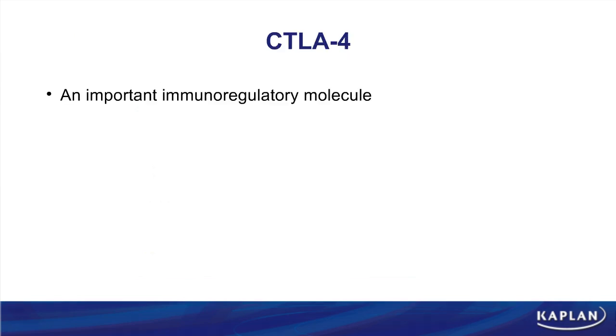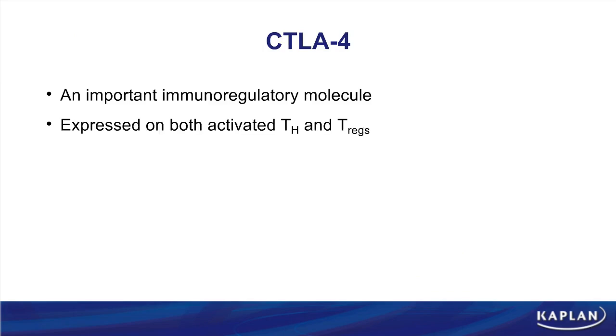Let's spend a little more time getting to know our CTLA-4. And the time that we spend is going to be well spent because this is one of the more important immunoregulatory molecules in the adaptive immune response. I've already told you that CTLA-4 is going to be increased in expression on our helper T cells, especially when we get close to the end of our response.